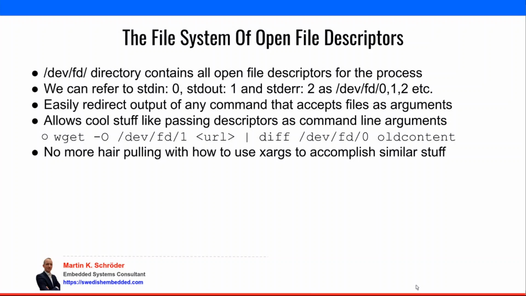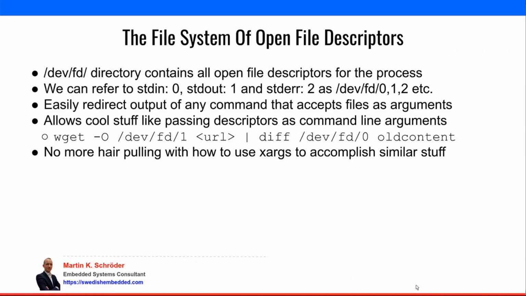So we can, for example, call wget, specify the output file to be stdout, and specify the URL. We are going to be outputting the contents of that URL to stdout, and then we can call diff, and we can pass the stdin at any position in the command, really just by pointing it to /dev/fd/0 and comparing it to the old content which we have downloaded previously, and we will get the diff of that URL.